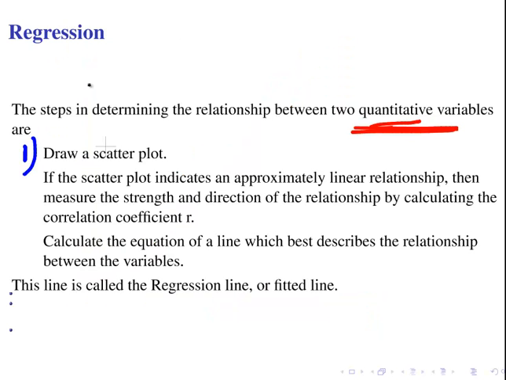The second thing we do is, if the scatter plot indicates an approximately linear relationship, it doesn't have to be perfect, you can measure the strength and direction of the relationship by calculating the correlation coefficient. We denote that R. When you go on a little further, you realize there's more than one type of correlation coefficient.